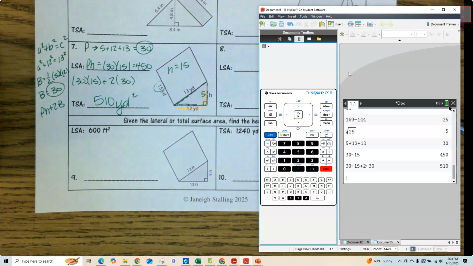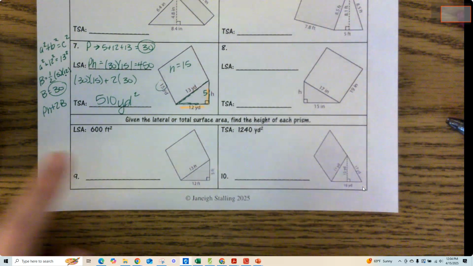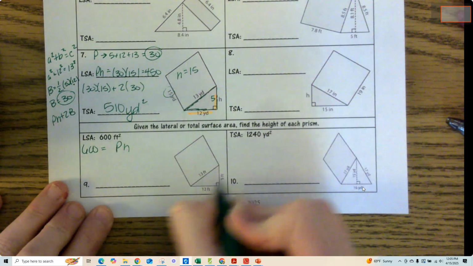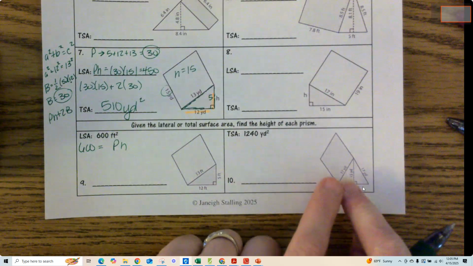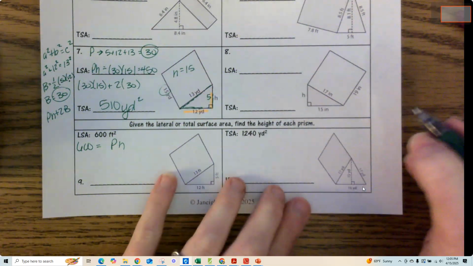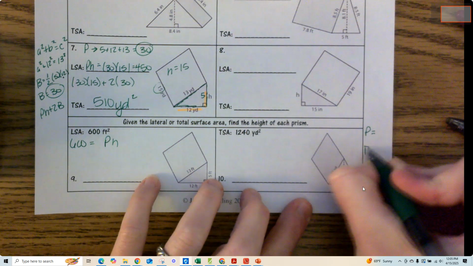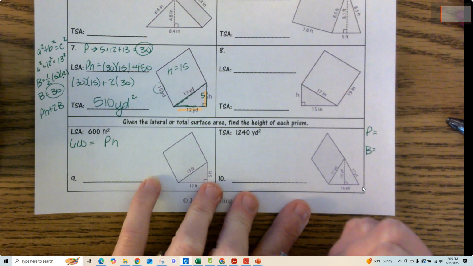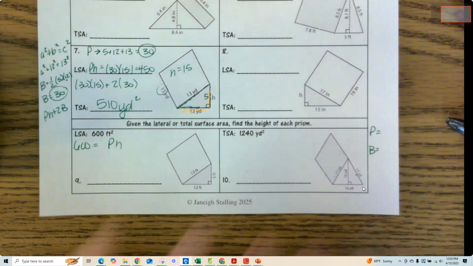All right, in both these at the bottom, all you gotta do is find the height. I'm gonna work the tougher one. This one is just 600 equals perimeter times height. Find the perimeter of the triangle, plug it in for P. Okay? This one though, we gotta find the perimeter and we gotta find the area of the base because it's total surface area. So perimeter of the base, we got 16, 17, and 17.